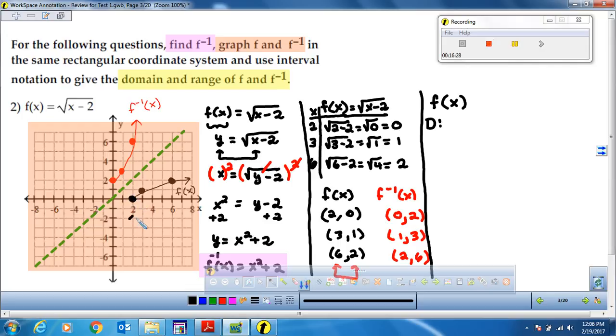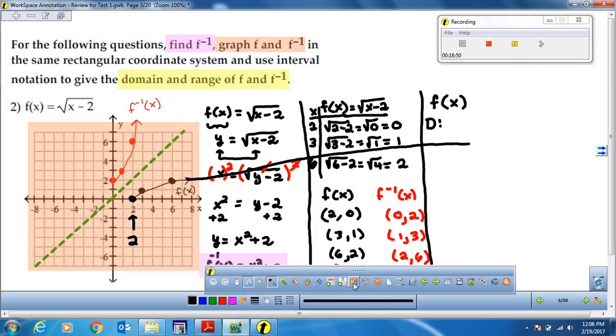This is the first value of x that we see on the graph, the smallest one, and then it keeps on going, which means that every value of x greater than or equal to 2 is going to be on the graph. 8 is on the graph, 9 is on the graph, 10, so it goes all the way to positive infinity. So when we write the domain, we're going to say that it starts from 2, including the number 2, so with the bracket, comma, all the way to positive infinity.